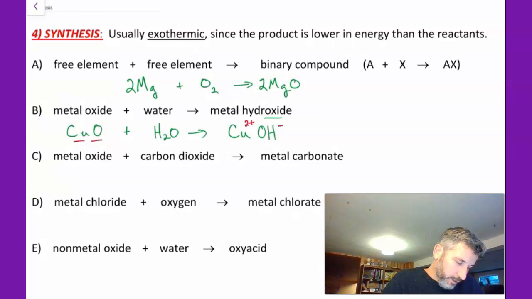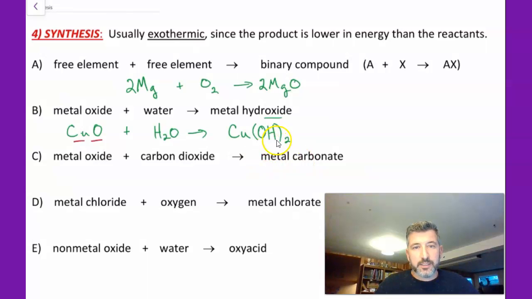And so we are going to need 2 of those hydroxides. Then get rid of the charges and balance the equation. This one looks like it's already balanced because we've got 2 hydrogens on each side, 2 oxygens on each side, 1 copper on each side, so we're good to go.